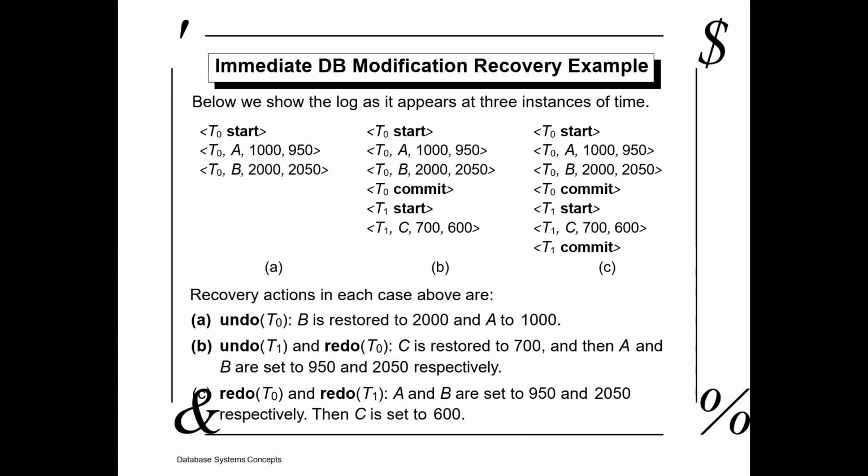But in the immediate database modification, once you write the values, they are not only saved in the shared memory, they are also saved in the database. So that is the difference that happens in the immediate database modification. Okay, sir. Got it.